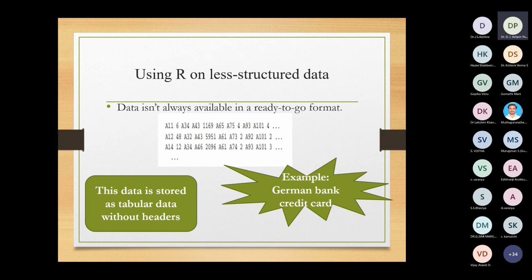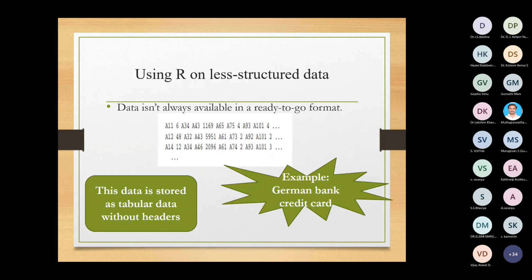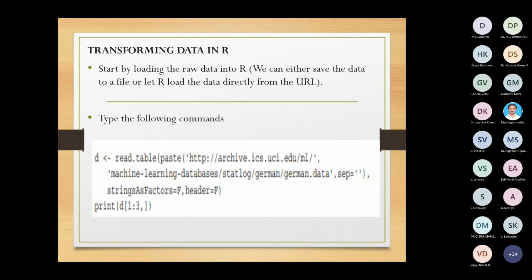This data is stored as tabular data, but it does not have a header. So instead of reformatting the data before bringing it in, you can transform it into something meaningful using R. Let us see how you can transform this kind of less structured data.